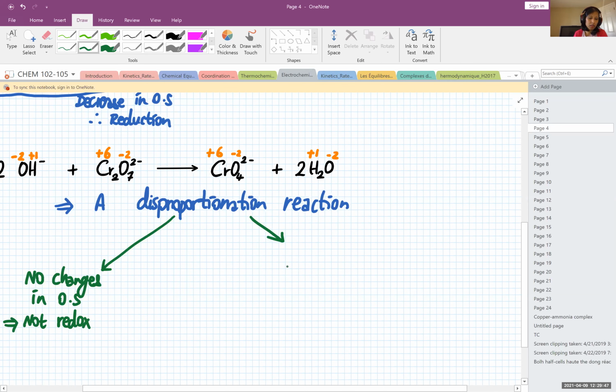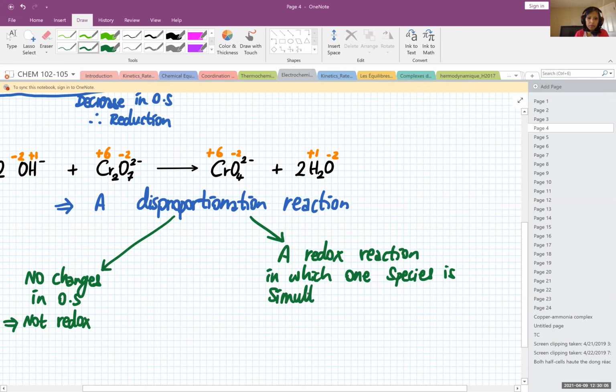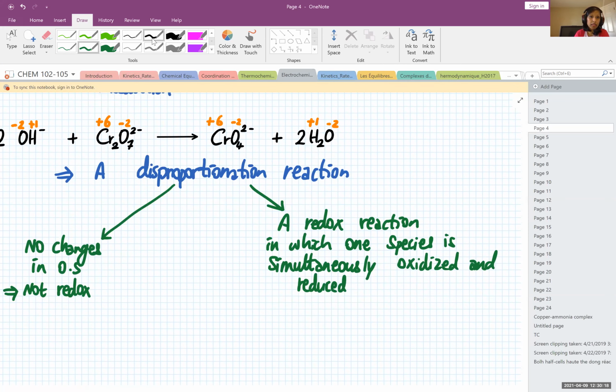I'm going to give you an example here. First definition. So it is a redox in which one species is simultaneously oxidized and reduced. Okay, so in that same reaction, let me give you the example.